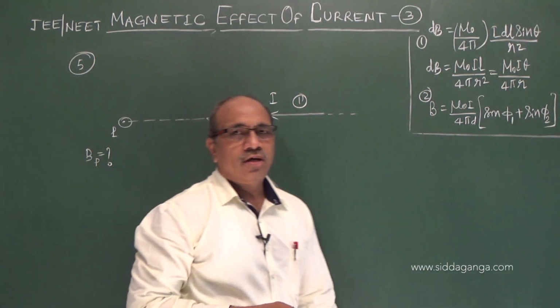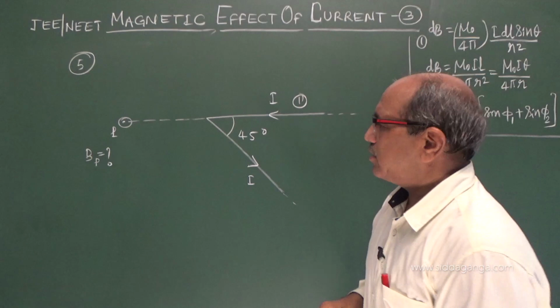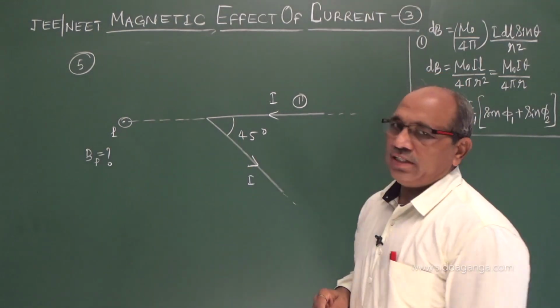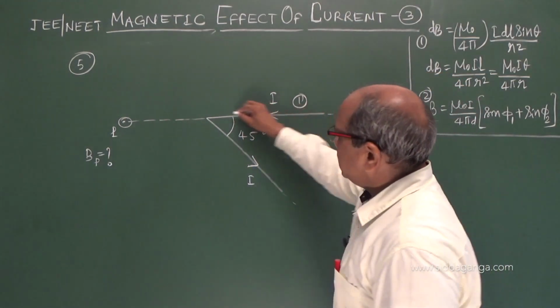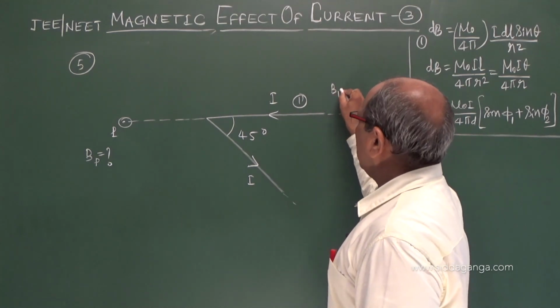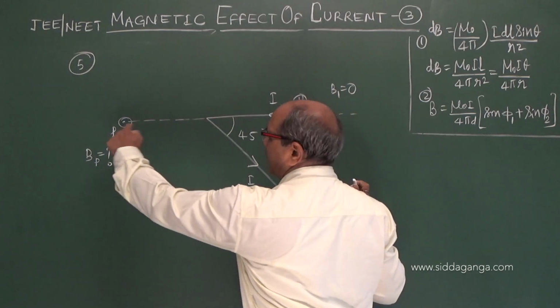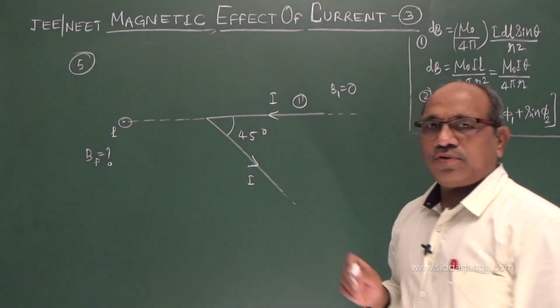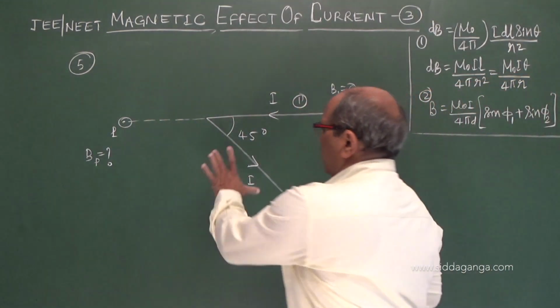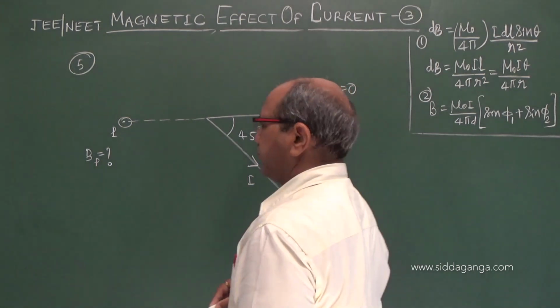First think of how much field each of the 2 conductors produces. If you see conductor 1, the magnetic field due to conductor 1 at P is 0 because P is along the line of the conductor. Therefore it is discarded. I have to find only that of conductor 2.